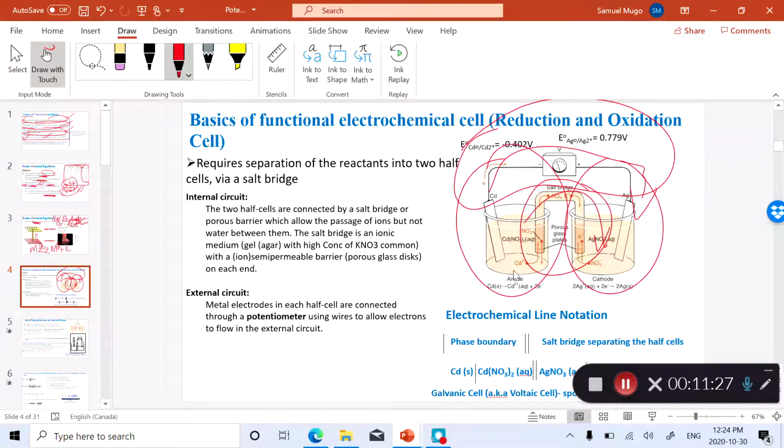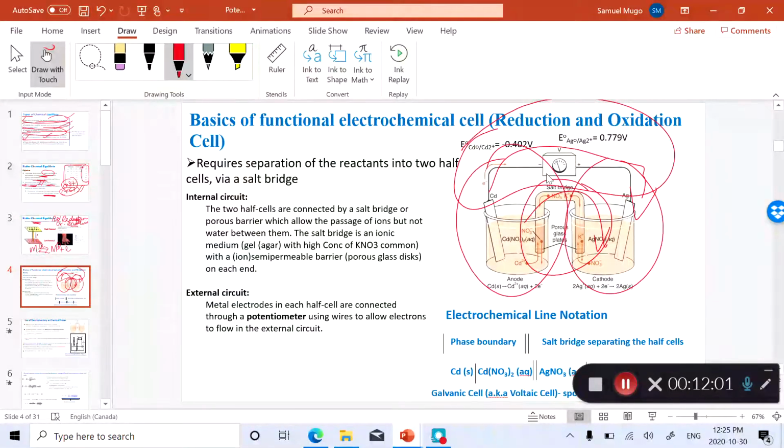Assume you've got the anode, in this case cadmium, undergoing oxidation to give you two electrons that can be transferred through a wire, through an outer circuit, and then they come here to the silver. The silver accepts those electrons to make a coating of silver. And so that is really what an electrochemical cell is, the two half cells, where the outer circuit gives you the migration of the electrons.